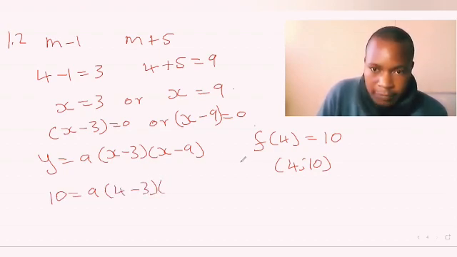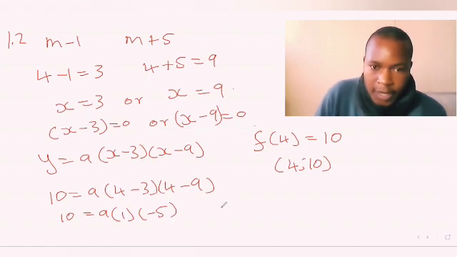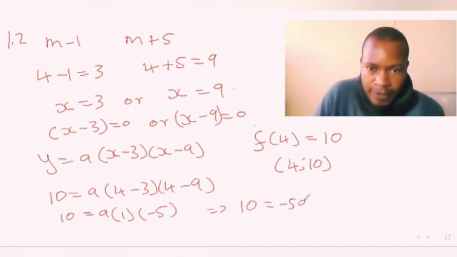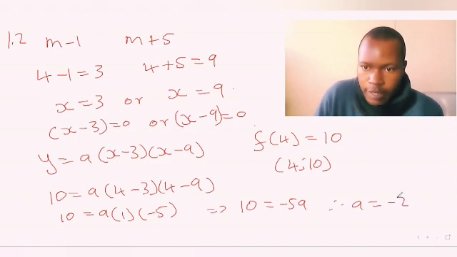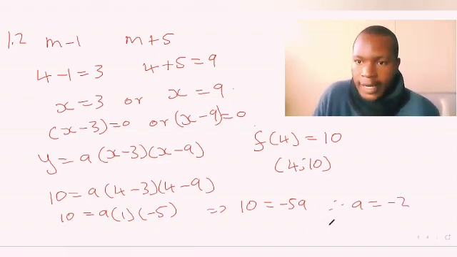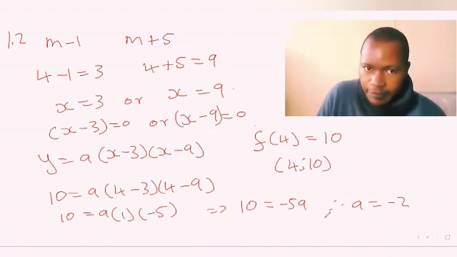So that would be 4 minus 3 and 4 minus 9, so we still have the 10 equals a, bracket 1, bracket negative 5. This gives us 10 equals negative 5a. Therefore, a will give you negative 2. So we've essentially found what a would be.